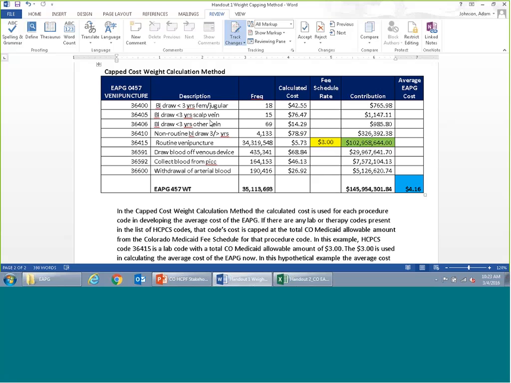So you're getting a little bit more per service on that procedure code, which makes up for maybe a little bit under on the other ones. So the strategy is that over the course of an entire year, everything averages out. The limit for that procedure code is maintained according to the restrictions from CMS, and that's how all that ends up playing out. So are there any questions on that process or concerns or anything?